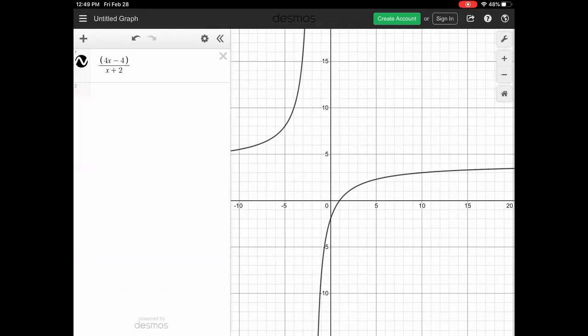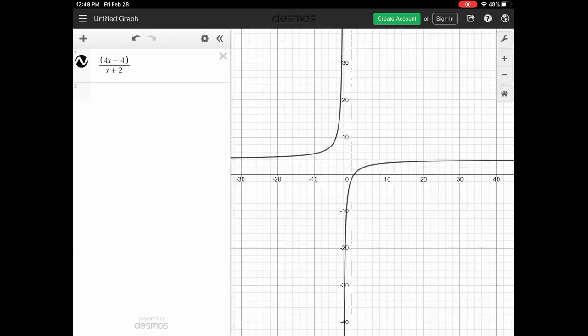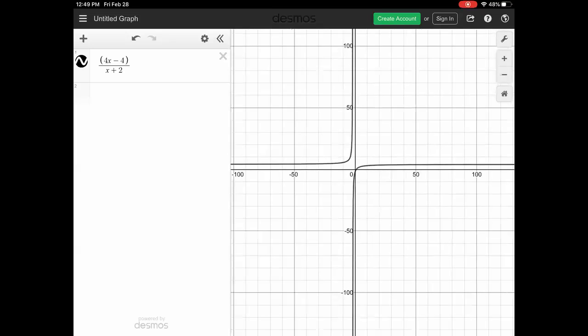I wish I could draw on here, but I can't. Here's 4, which looks like it might be our horizontal asymptote as x goes to infinity. And same thing here, y equals 4, if we zoom out enough. And it looks like we've got this under control where we figured out how it behaves as x goes to -2. So we'll keep working on that, but we're all out of time.